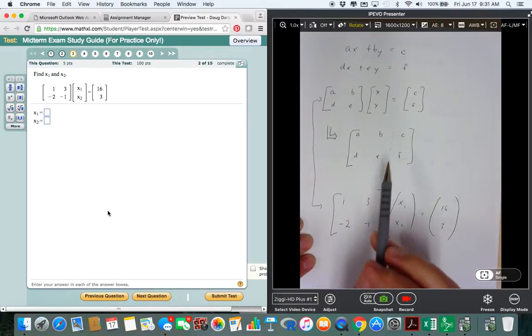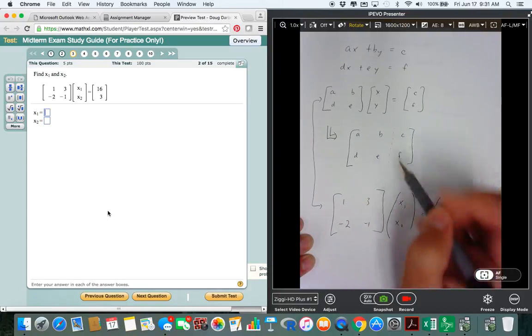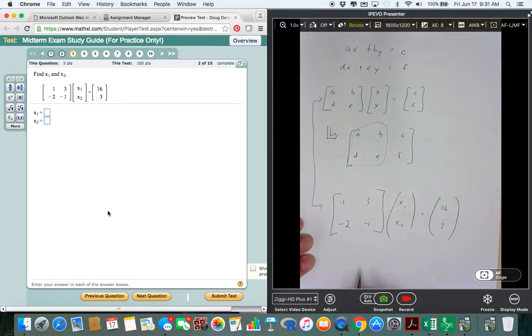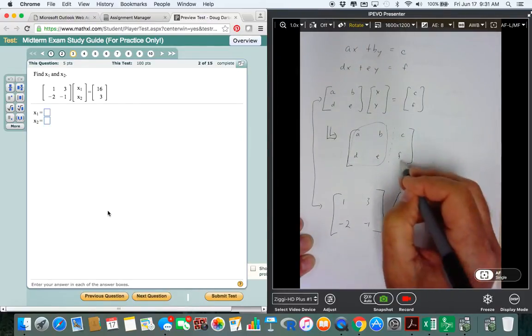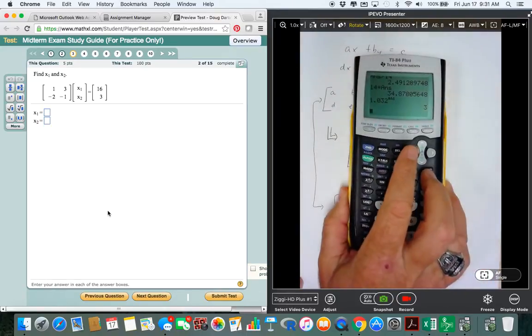So what that tells me is to find x and y, in this case x1 and x2, all I have to do is put those numbers right here and those numbers right there and do augmented matrix, the augmented matrix techniques that I've taught you in previous videos.